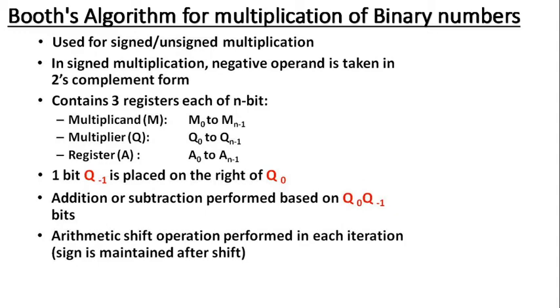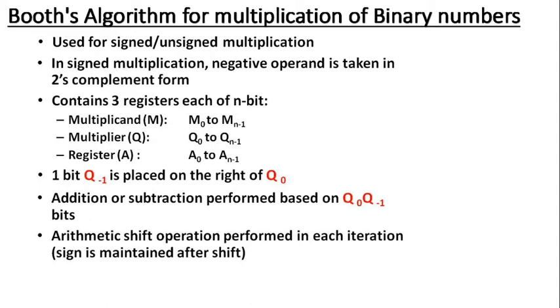It means that in Booth's algorithm, there are two extremely important steps in each iteration. The arithmetic operation, like addition or subtraction, may or may not be performed depending on the Q0, Q-1 bits.